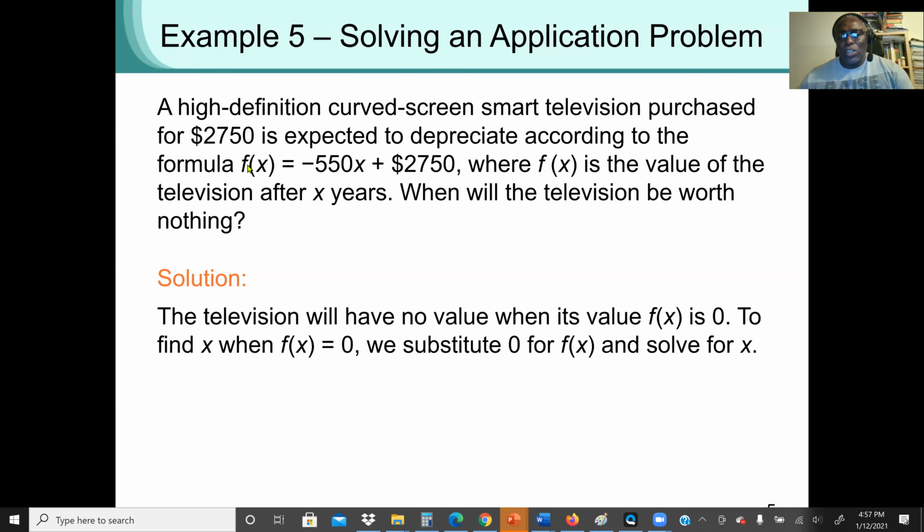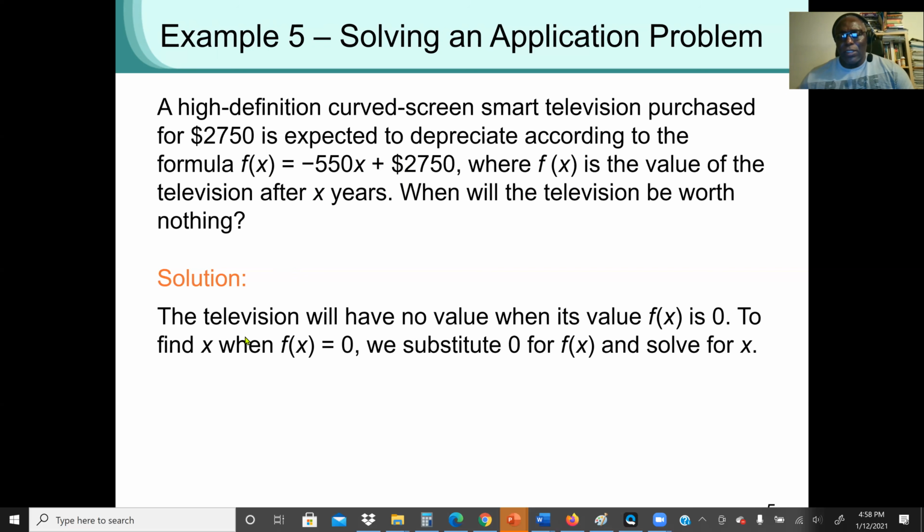From this question, we have a high definition curved screen smart television purchased at $2,750 and expected to depreciate according to the formula f(x) = -550x + 2,750, where f(x) is the value of the television after x years. When would the television be worth nothing? The question said f(x) is the value of the television. So f(x) = 0.